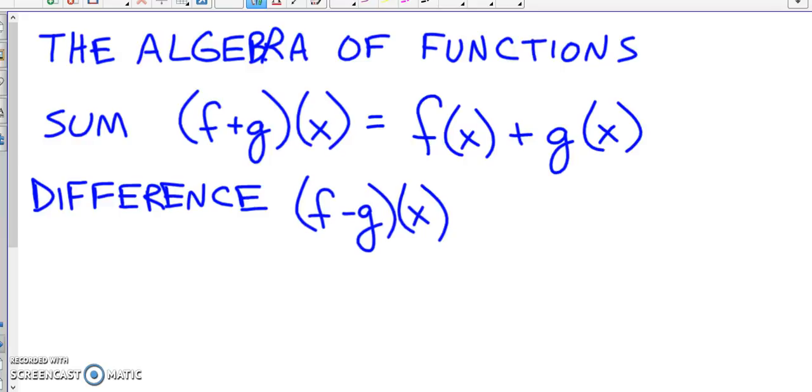Well, guess what that is? Minus g, yeah.